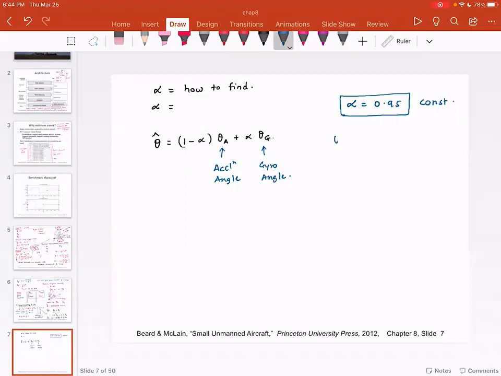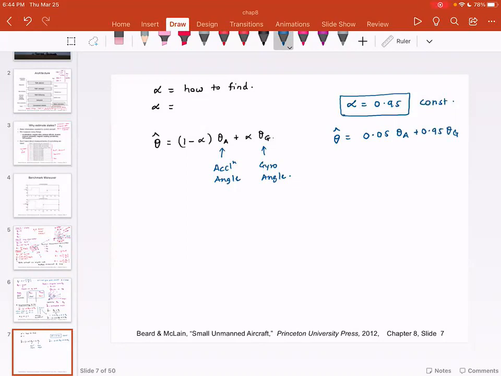Which means my filter equation is going to look like 0.05 theta A plus 0.95 theta G. So at the first cut, I'm going to assume this.